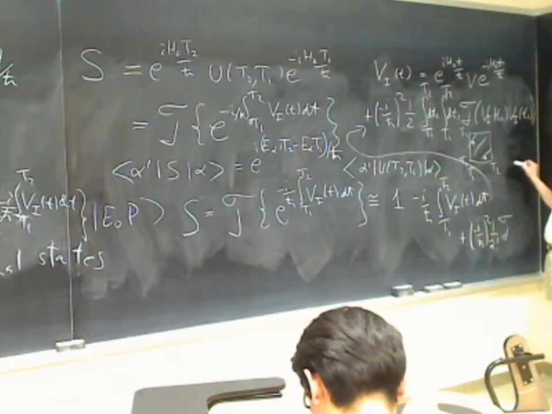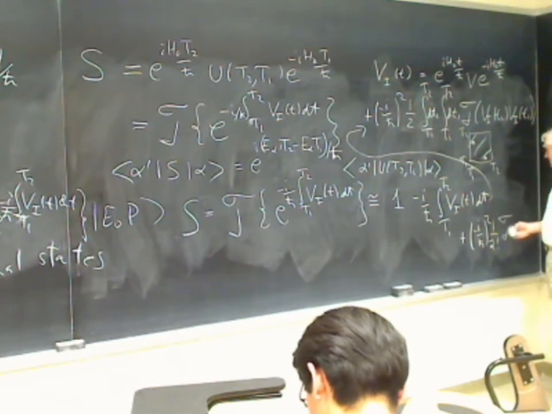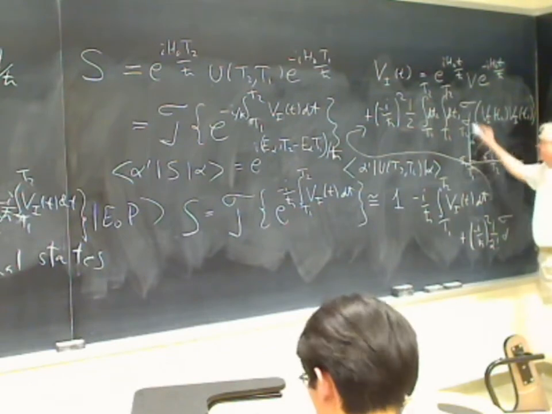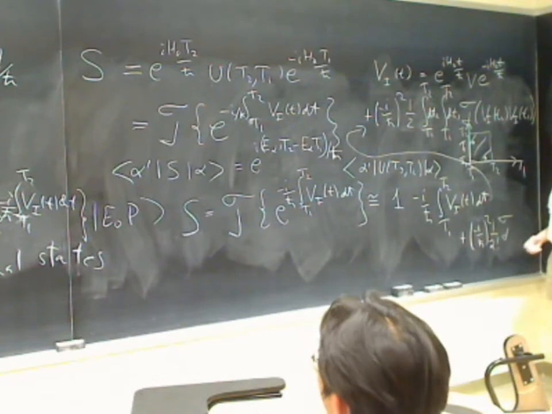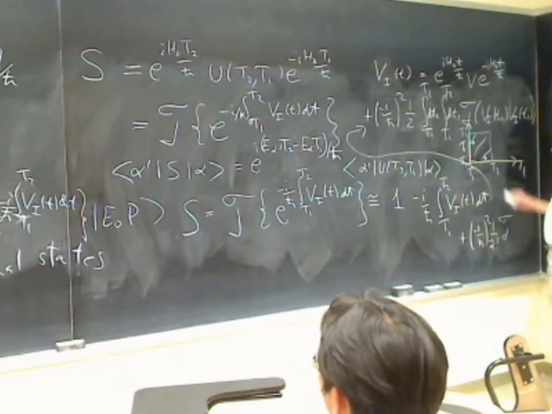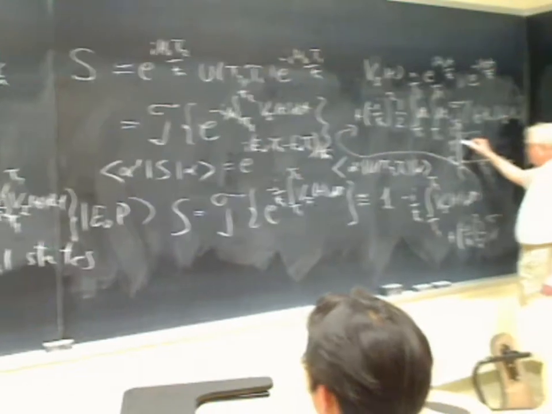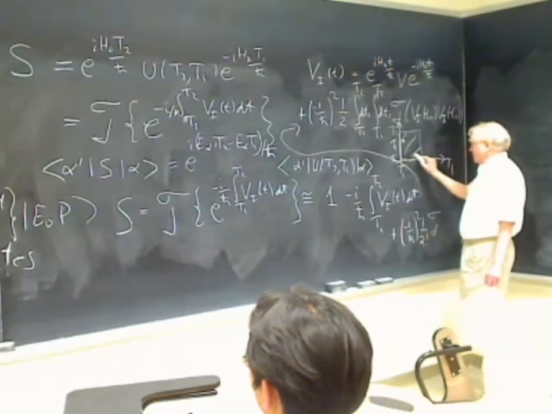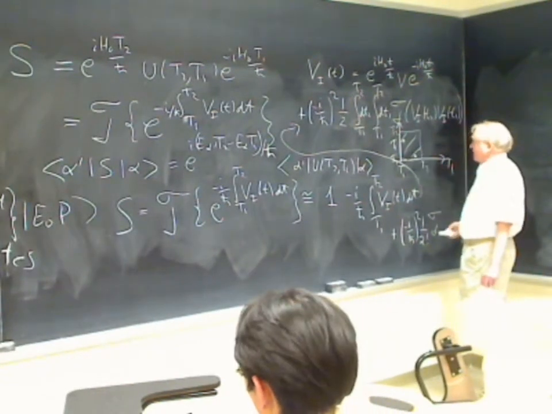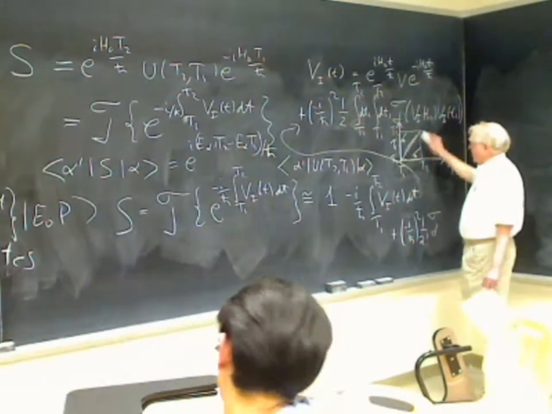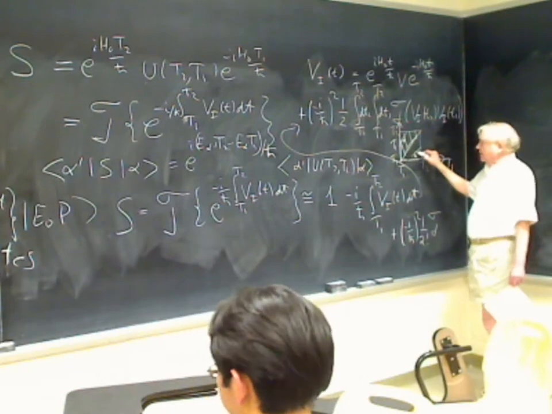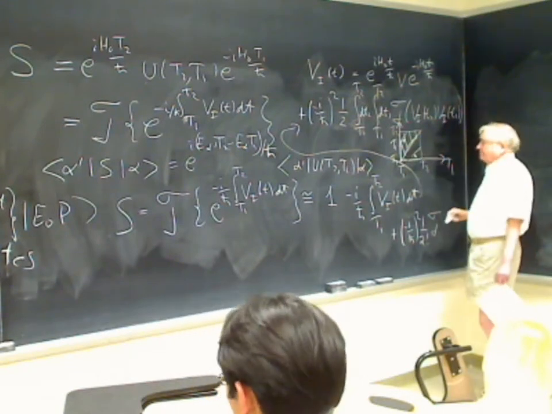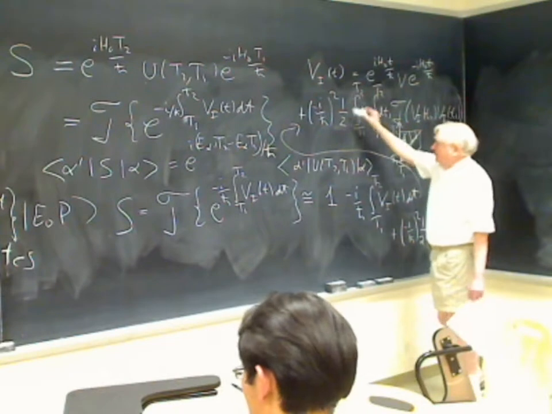If this is the T1 axis, I did this wrong. This would be the T1 axis, and this is the T2 axis. And so for any point here where T2 is bigger than T1, there's another point where T1 is bigger than T2. So let's just integrate over the part of the square where T2 is bigger than T1. Well, then you can just double this.